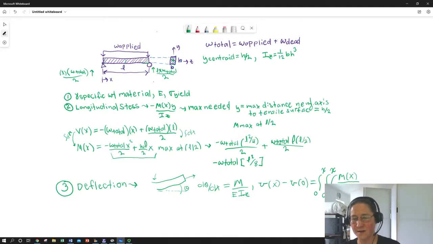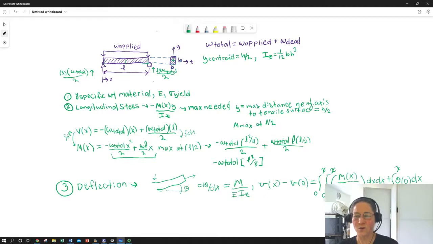A lot of times you'll see this written just EI. Plus, of course, when we integrated once to get theta, our angle theta, we ended up kicking out a lower limit of integration, our theta at 0. So we'll integrate that again. And this is just a review. For this, I'm assuming that you've already gone over this material, and so we're just kind of putting it to use.